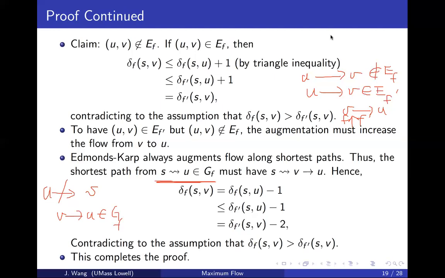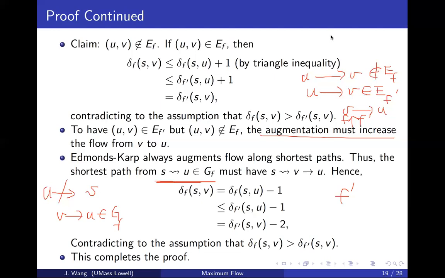So that's what it is. If V is not on this path, then it won't change this value from V to U, right? So if V is not on this path, then of course F prime is not going to change that value.